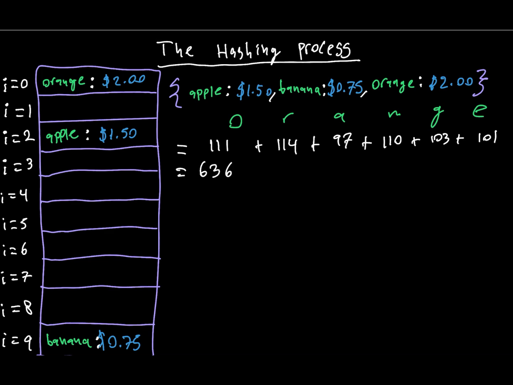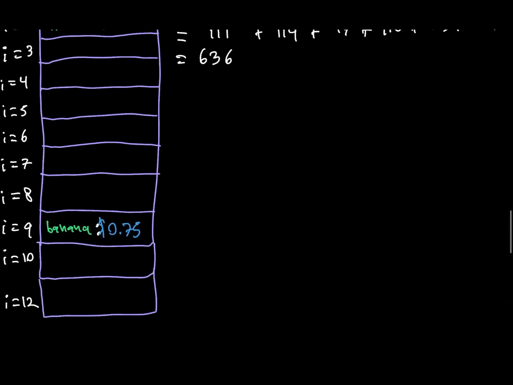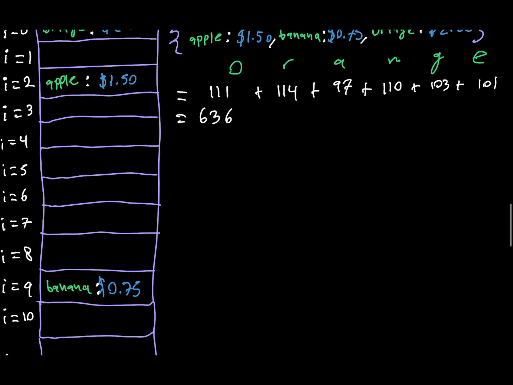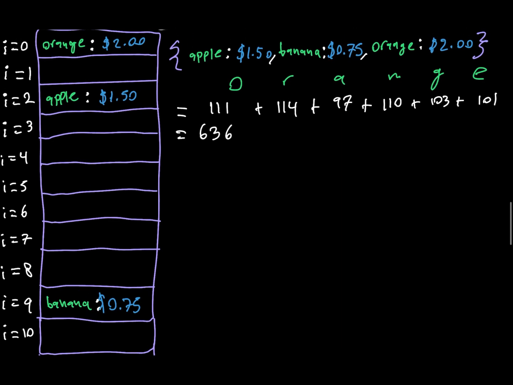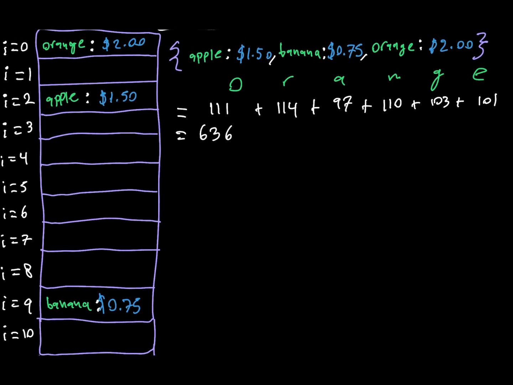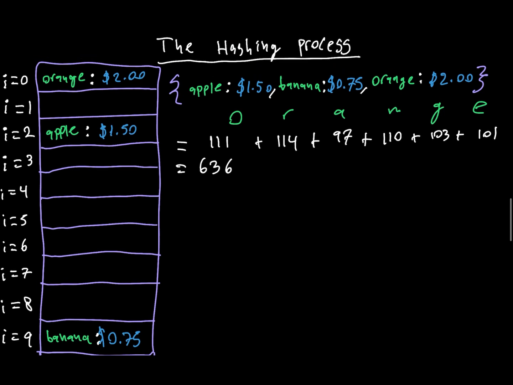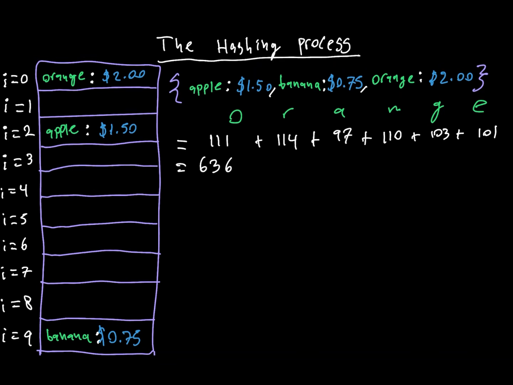But we see that our array has a capacity of 12, right? So 636 is not a valid index. So what would we do? We would use the modulo operator with the array capacity being 12. This results in index 0, and that's why we store orange at this index.